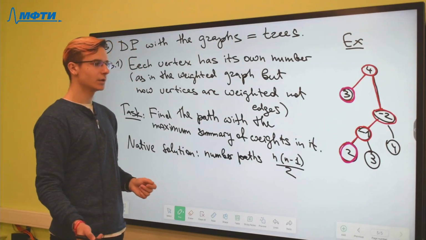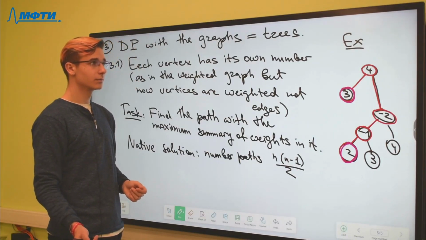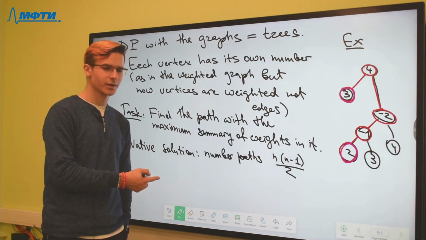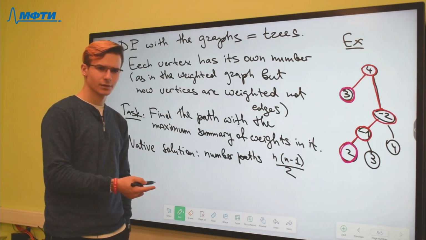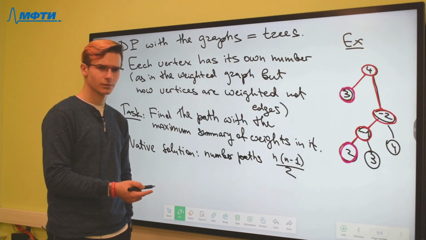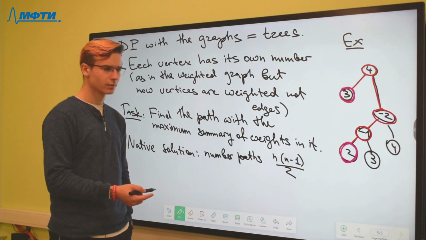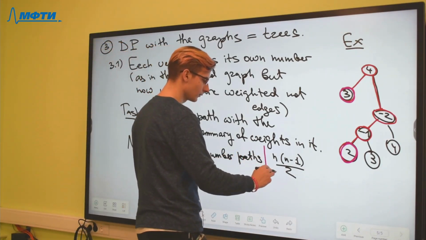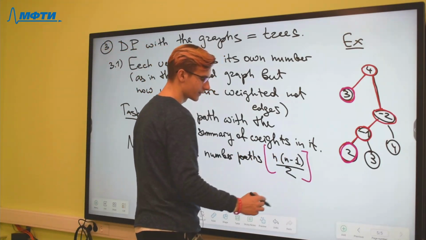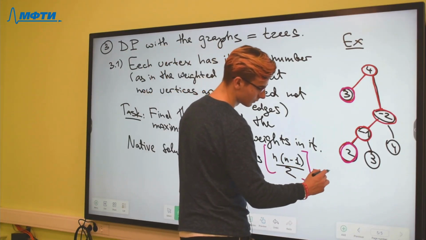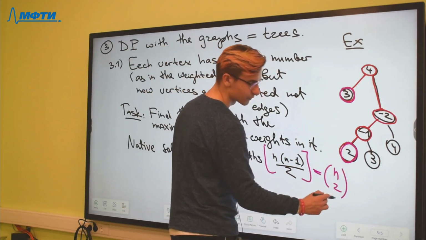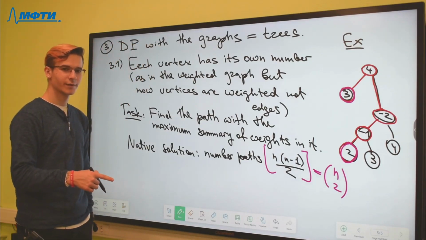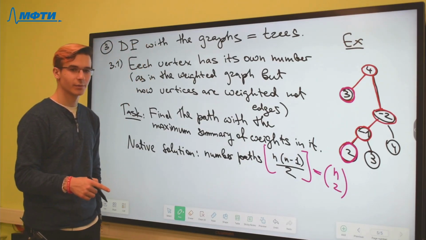But of course, in other courses do you say that we have direction of the path or what? No? Okay. So you can see that this is equal to n choose 2. Did you face this number?